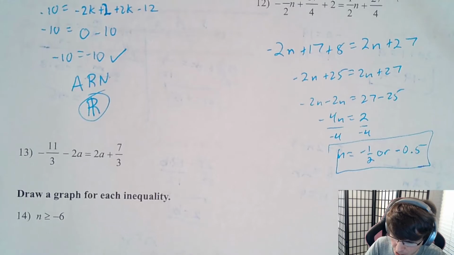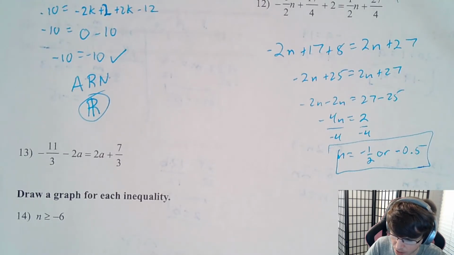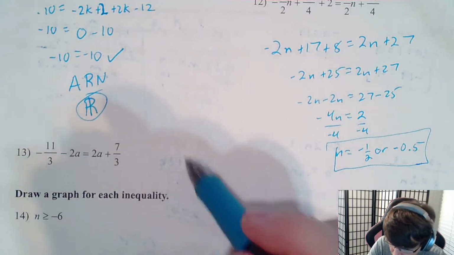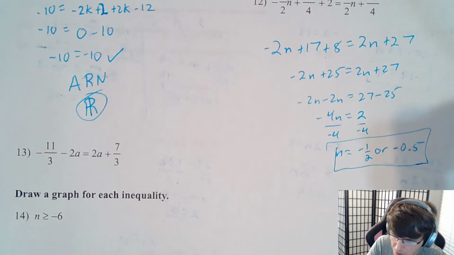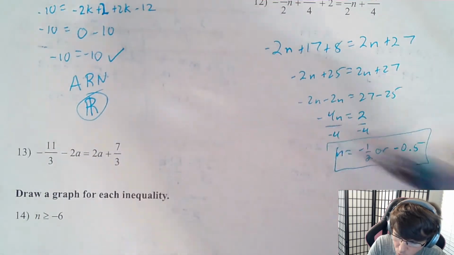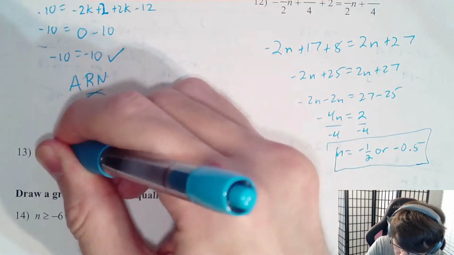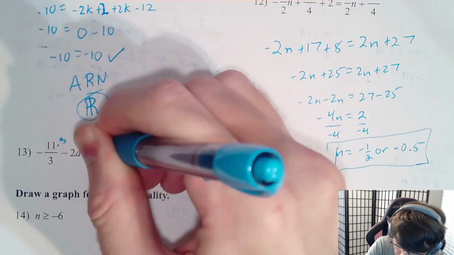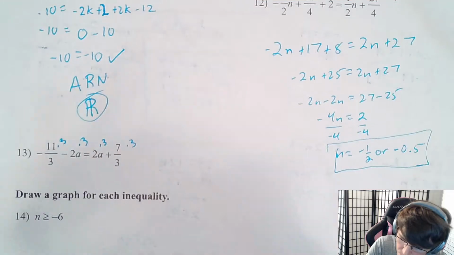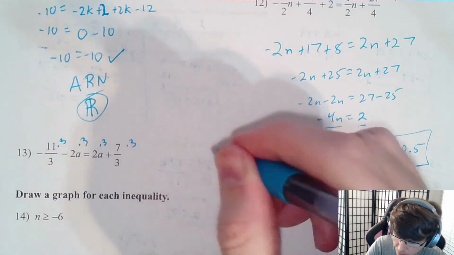So number 13 here, looks like I screwed up not giving you enough room, so I'm gonna kind of do it right here. A little bit weird to do it that way, but only one denominator again, just the 3. So we're gonna multiply everything by 3. We multiply everything by 3 again. I'm writing it right here first.